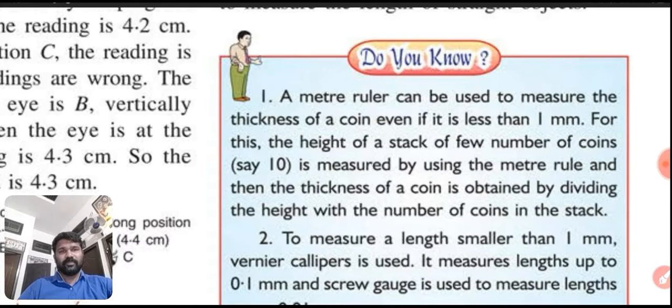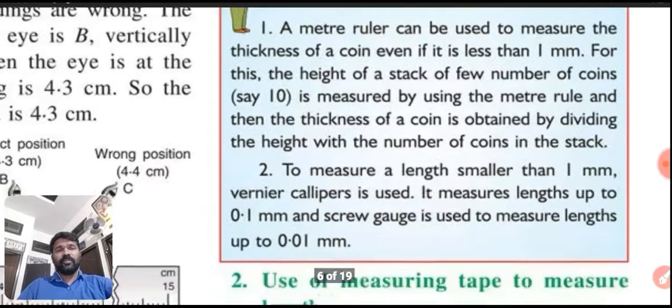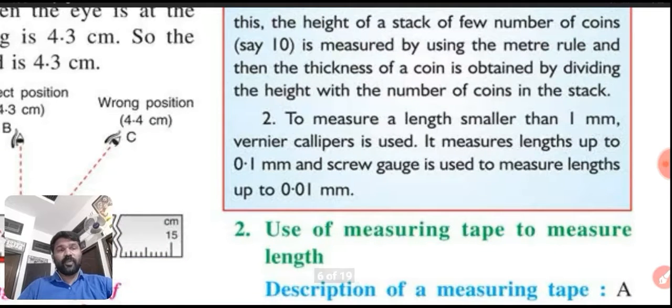For this, the height of a stack of a few coins is measured using the meter rule, and then the thickness of a coin is obtained by dividing the height by the number of coins in the stack. And also, to measure lengths smaller than 1 millimeter, vernier calipers is used.